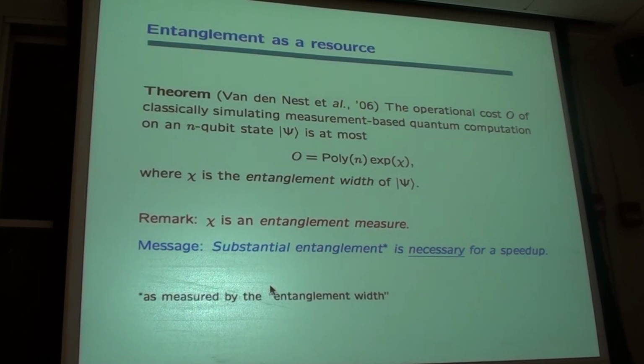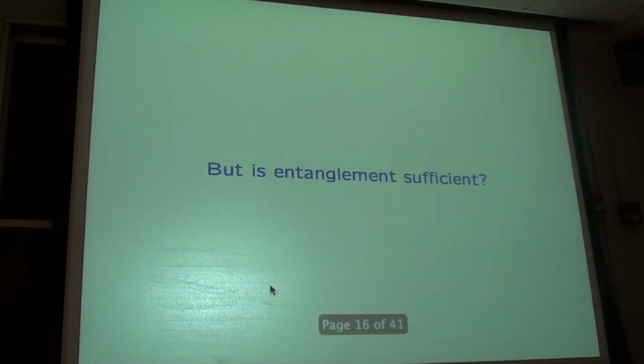People were just paying attention to the simplified message, but it comes out more and more that such statements do not hold generally for entanglement, but often specifically refer to one particular entanglement measure, and you cannot obtain them for another. But anyway, this is the result that confirms the intuition. Now, is entanglement sufficient?